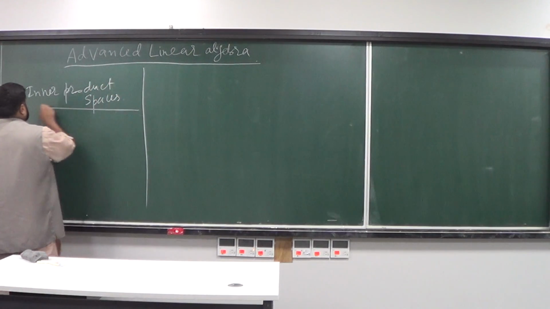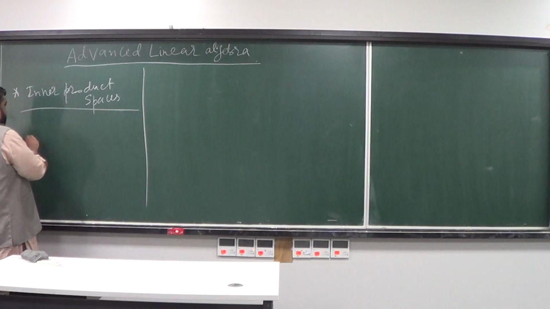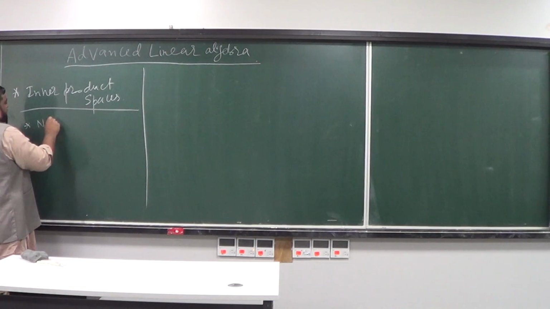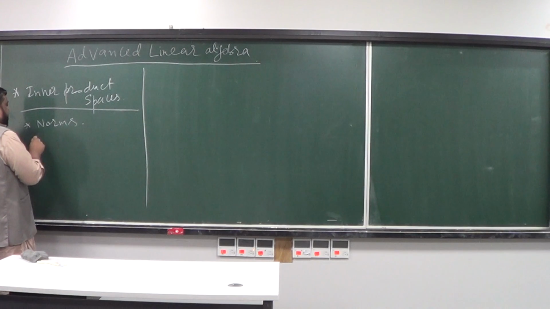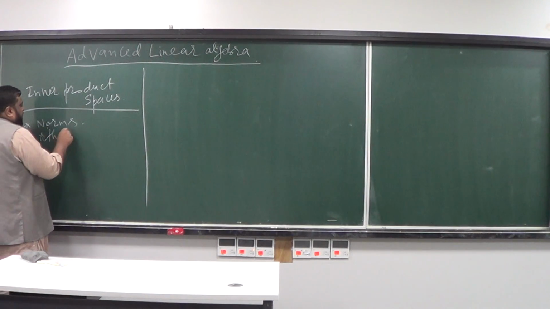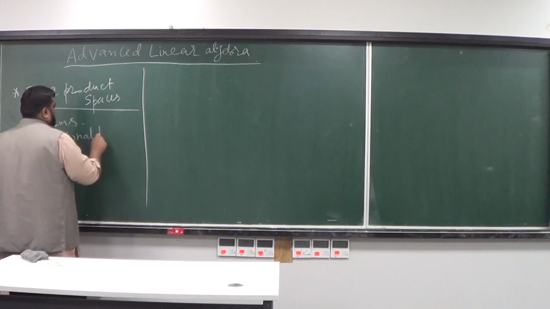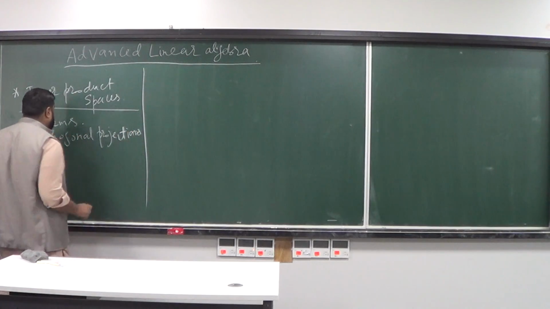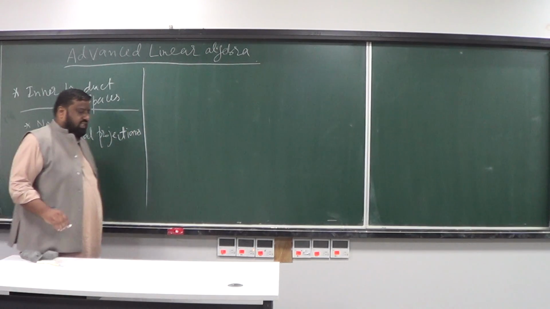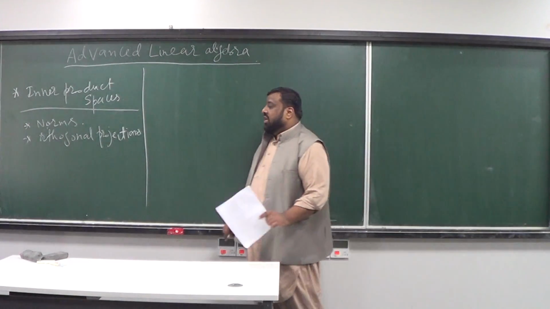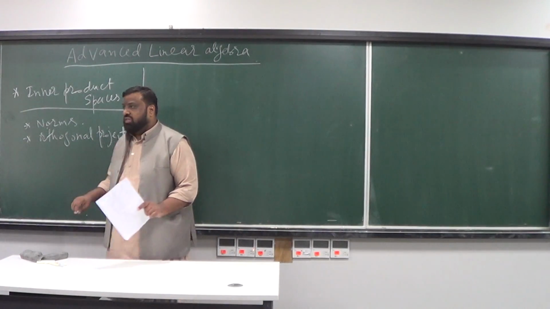We went into inner product spaces, and then norms, and then the basic properties of norms and inner product spaces, and then we talked about orthogonal projections, orthogonal vectors, and several results about them. So we went into very much detail on inner product spaces, norms, and orthogonal projection.